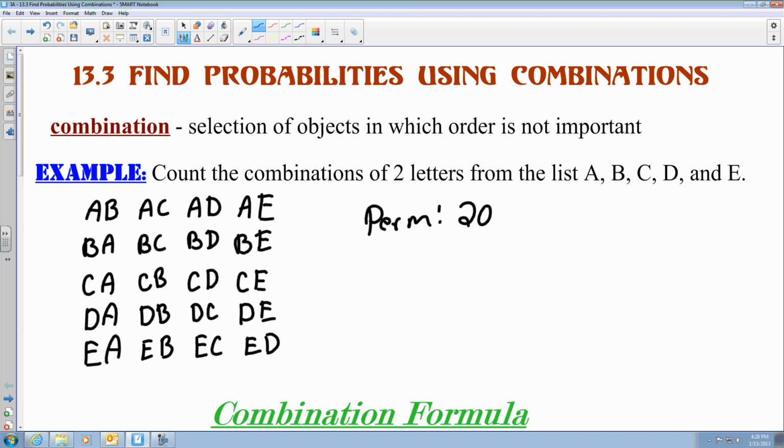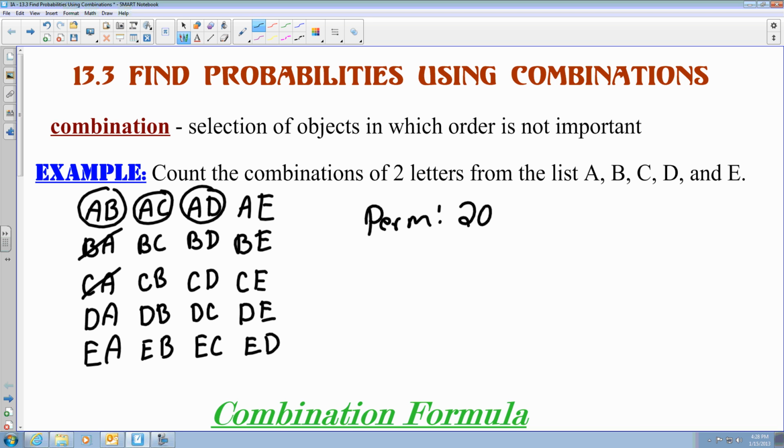Okay? Now with combinations, we don't have to take into account order. Since we have AB right here, BA is writing it the same as AB. With order not mattering, that means we can X this out. We got AC right here, but we don't need CA.